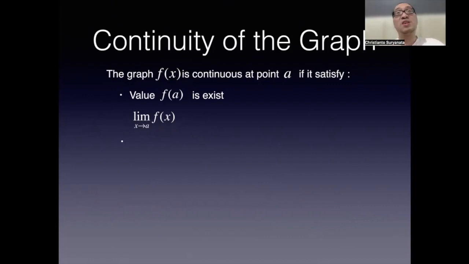So to check whether the graph is continuous or not, the value of f(a) should exist. And then the limit of f(x) also exists.